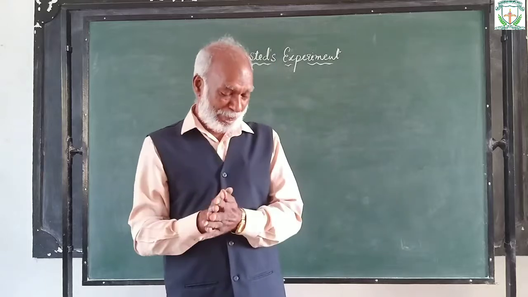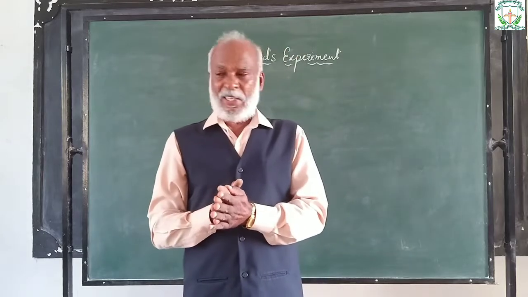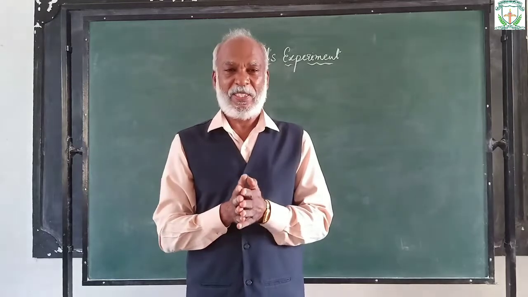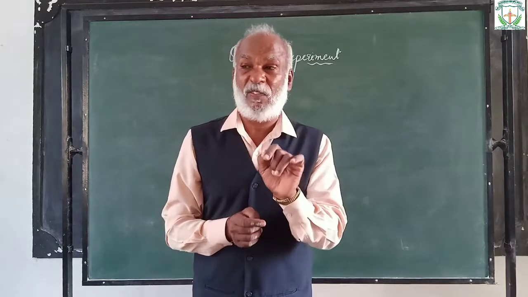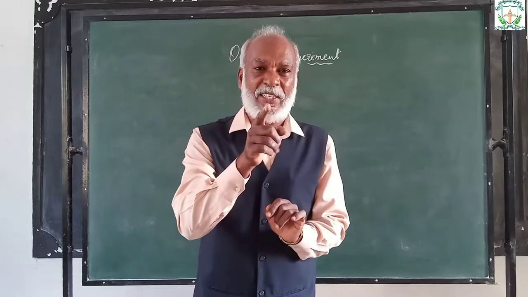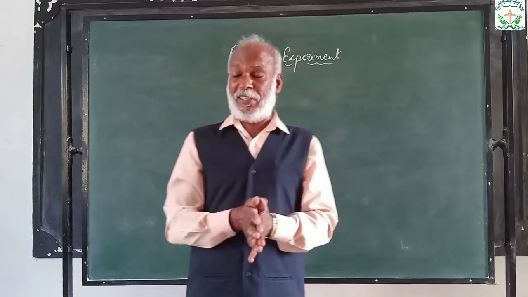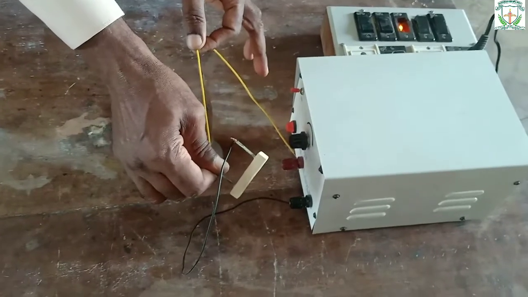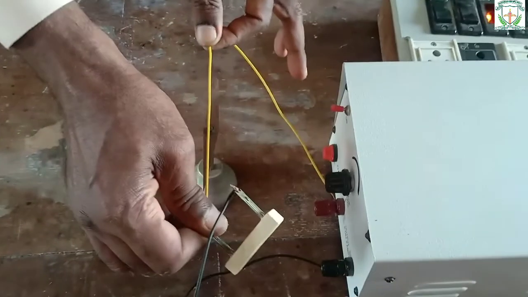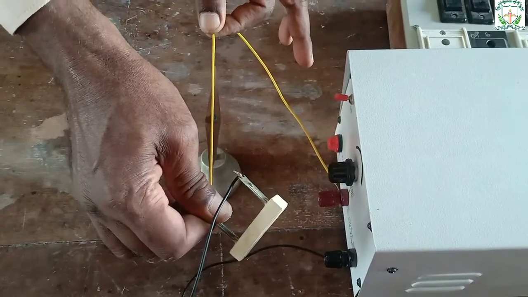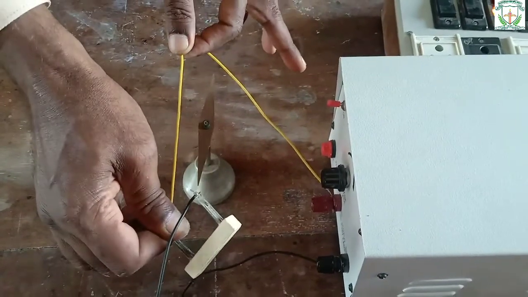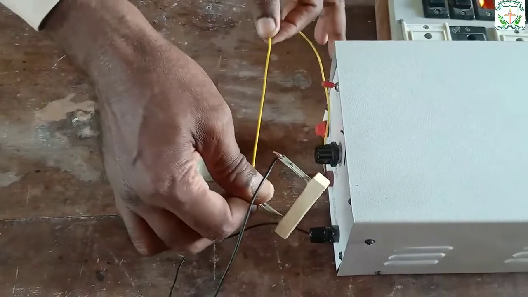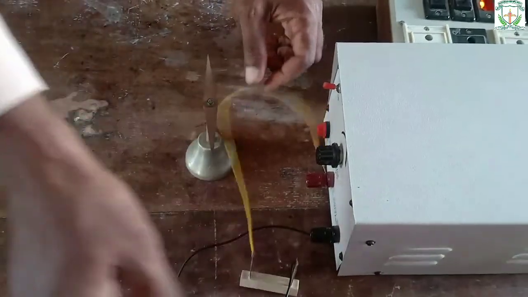Now one question here: what is the reason for the deflection in the magnetic needle? That is the main question here. When a current carrying conductor is held aligned with or brought near a magnetic needle, the needle deflects.